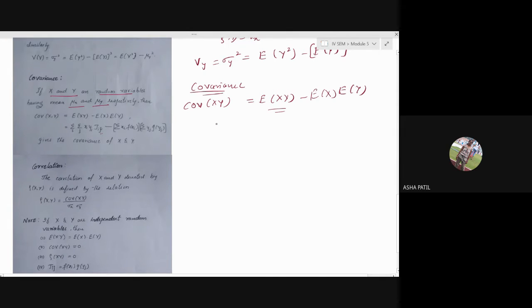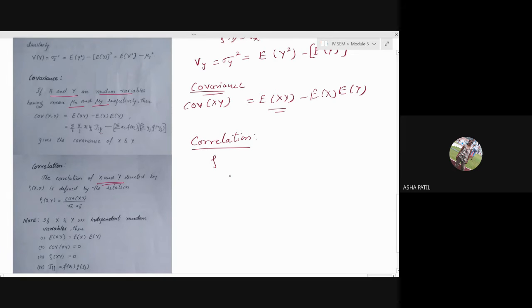Next comes correlation. We have studied all this for a single variable, now it is for two variables. The correlation of x and y is denoted by rho of xy. We have found this rho already, the coefficient of correlation.